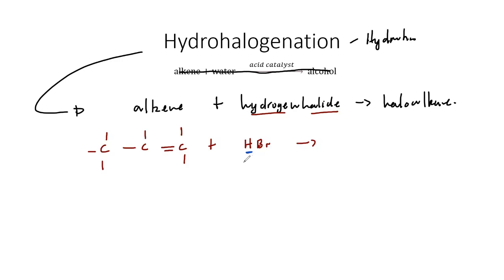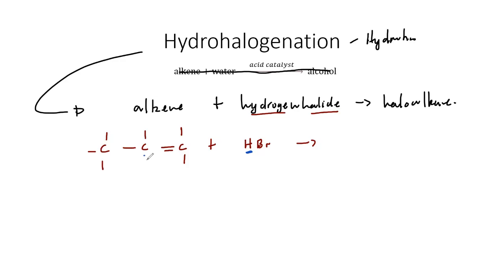Let me say that again. The hydrogen in hydrogen bromide will add onto the carbon within the double bond that already contains the most number of hydrogen atoms.